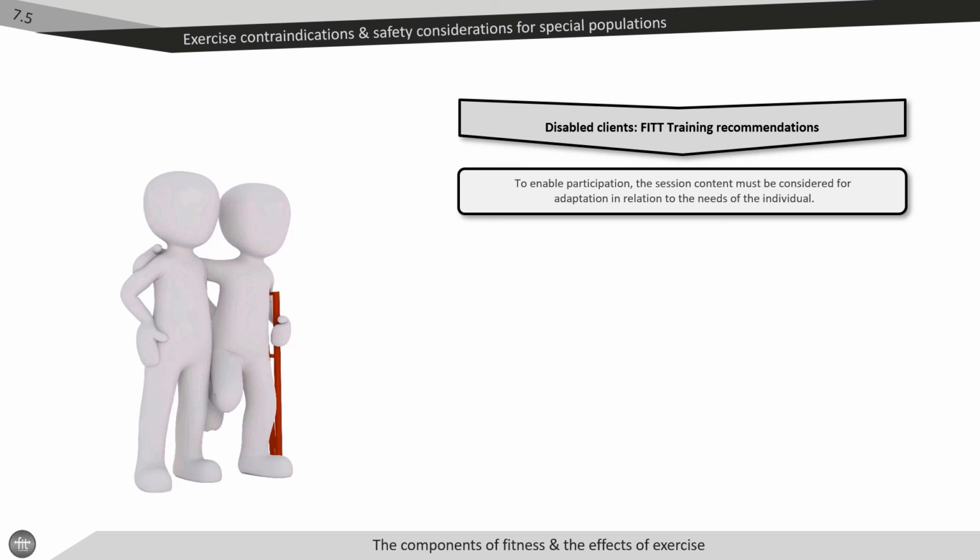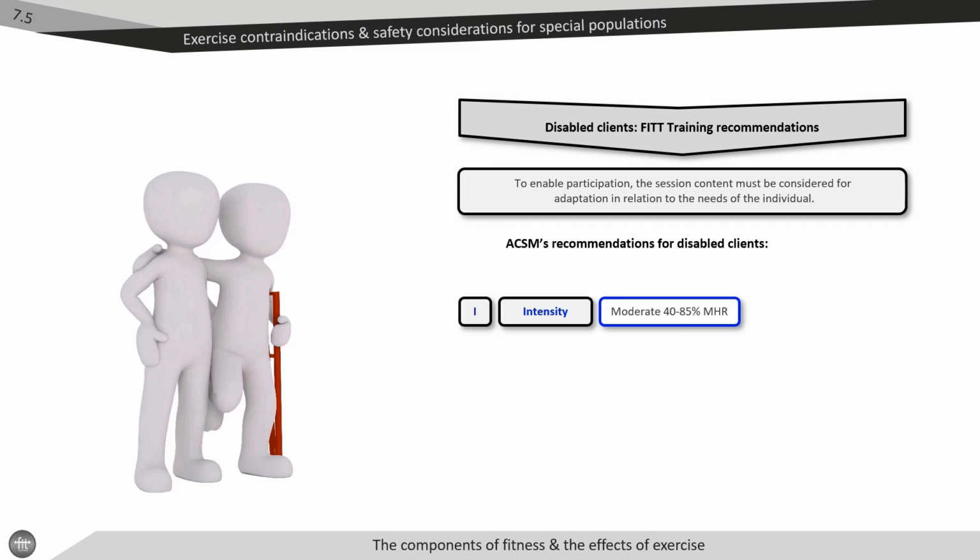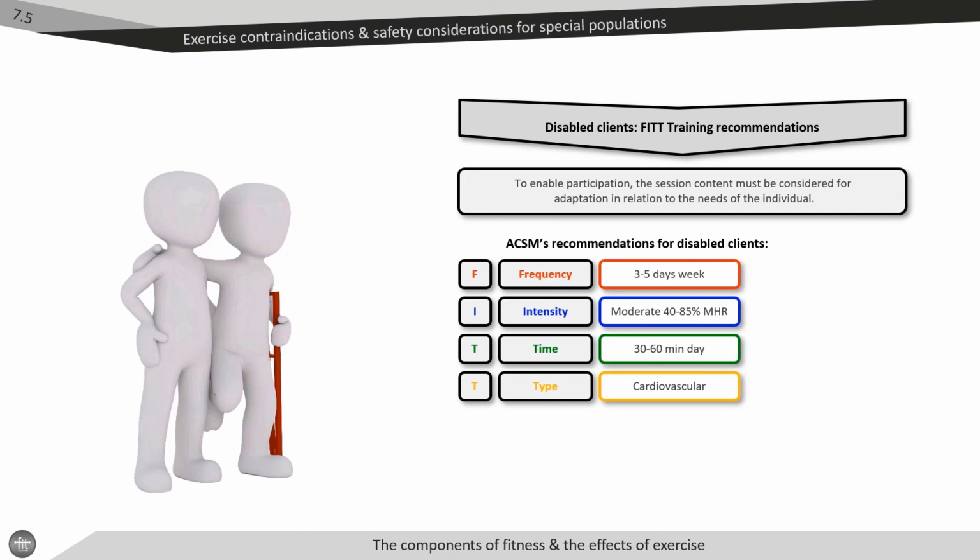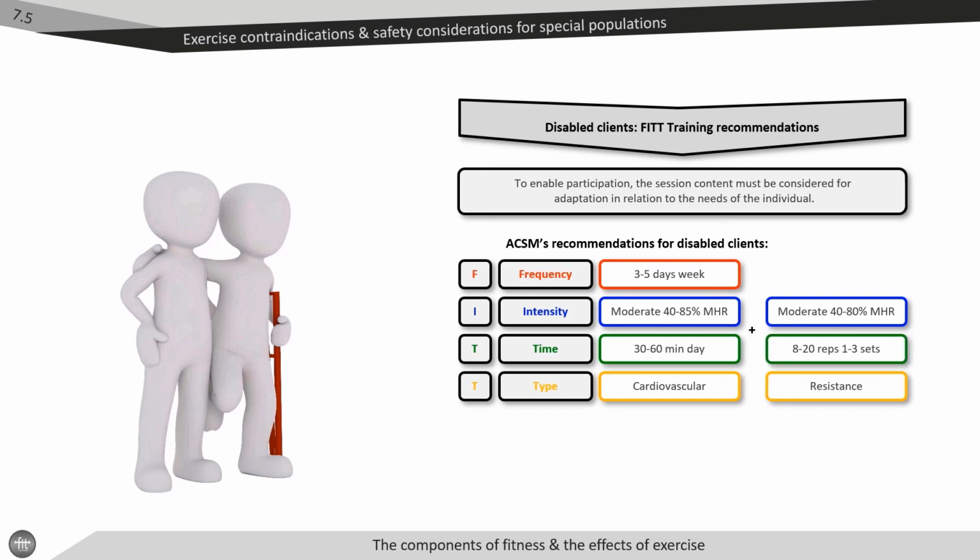The current ACSM FITT principle recommendations for disabled clients include moderate intensity activity between 40 and 85% of maximum heart rate for cardiovascular exercise of 30 to 60 minutes, 3 to 5 days a week, with the addition of moderate intensity resistance training of between 40 and 80% of 1 repetition max for 8 to 20 repetitions over 1 to 3 sets, balanced across the major muscle groups between 3 and 5 times a week.